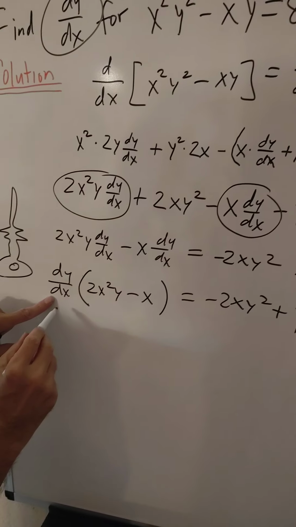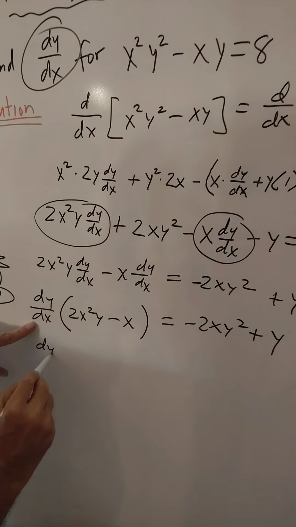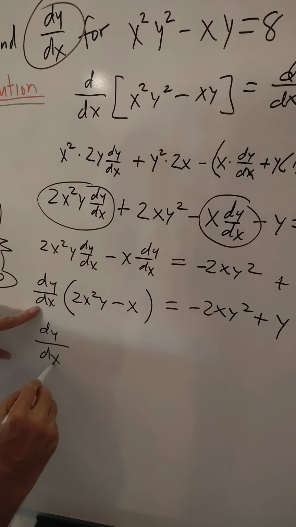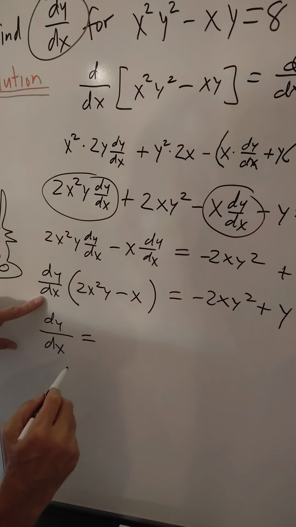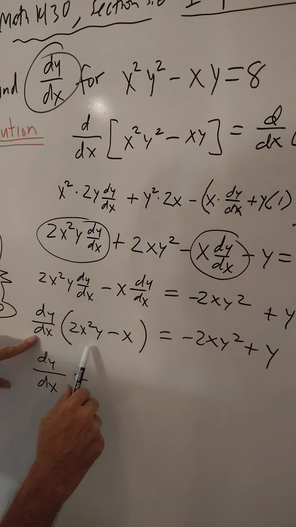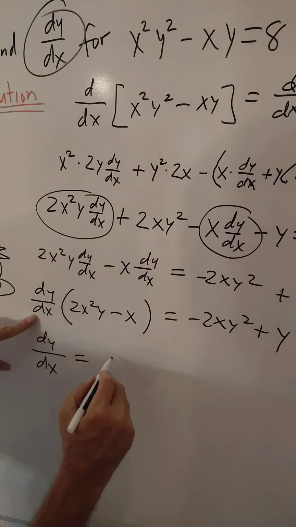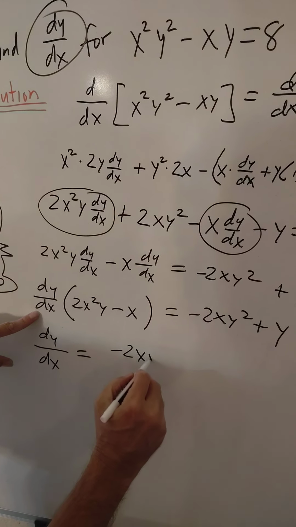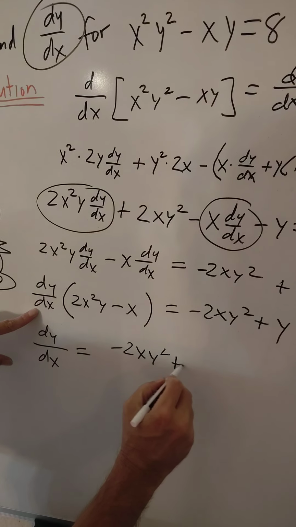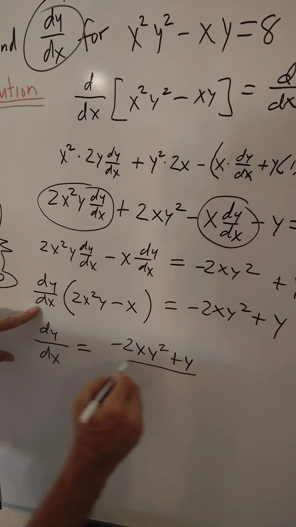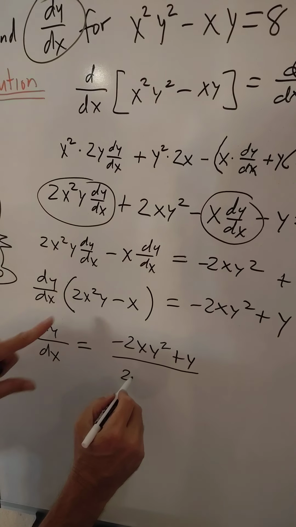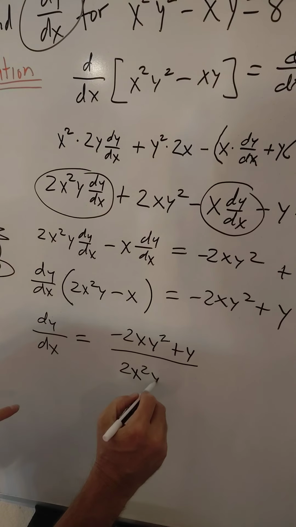And now to get dy/dx by itself, and by the way, we're going to have another step after this. You're going to see in a second. When I get dy/dx by itself, I divide by this factor here on each side. So it looks like at first glance that divide by the 2x squared y minus x.